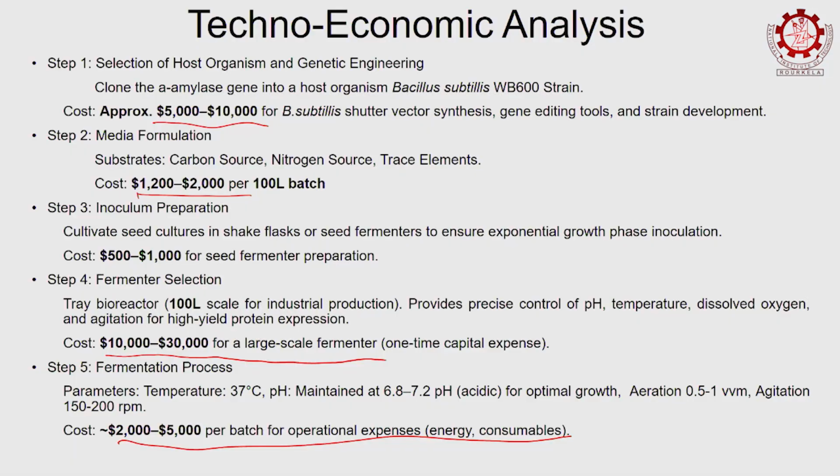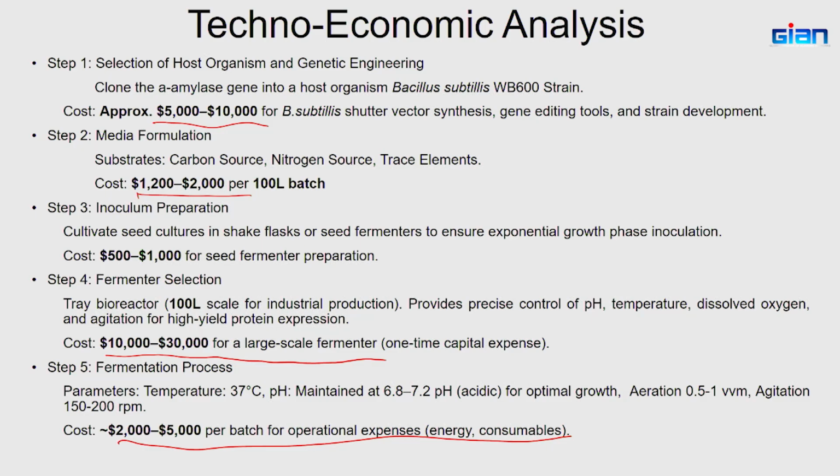Not a bad idea. Solid state fermentation is cheaper, easy to maintain, easy to clean. But the question would be, in your economic analysis, not the techno part, you're spending $10,000 to $30,000 for this large scale fermentation. That's a one-time capital expense.